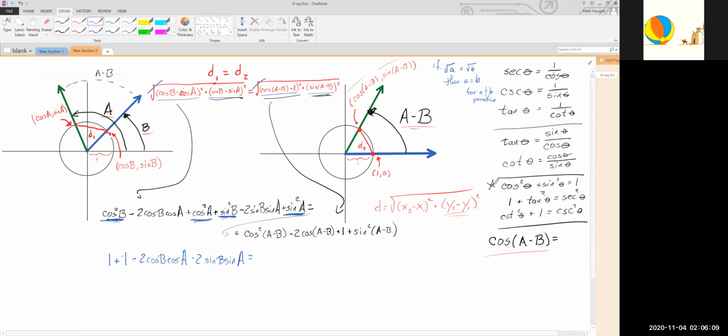On this other side, this right-hand side, again, notice this cosine squared (a minus b) plus sine squared (a minus b). The fact that it's a minus b doesn't matter as long as they match, and cosine squared plus sine squared gives us 1. Again, nice. Plus that one. Nice. Minus 2 cosine (A minus B).